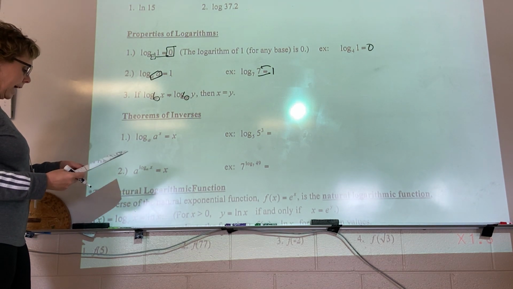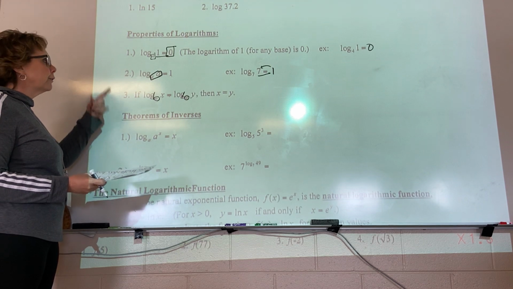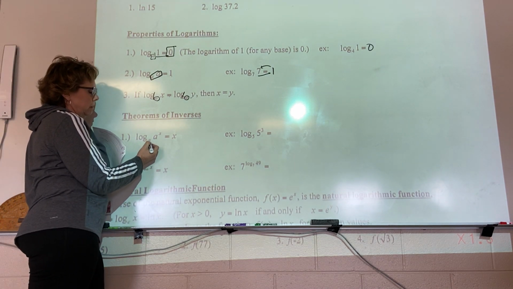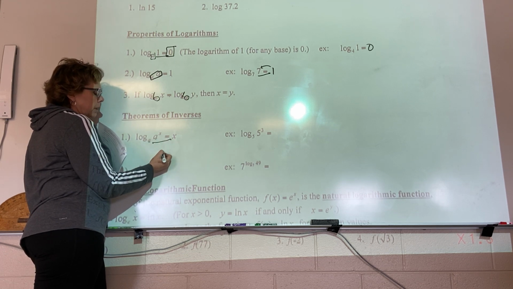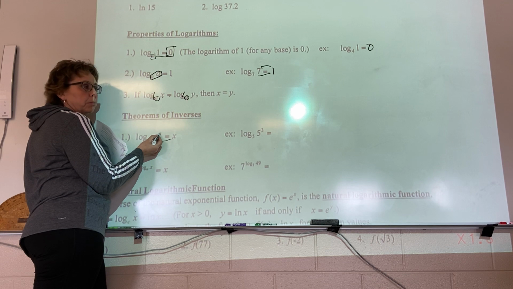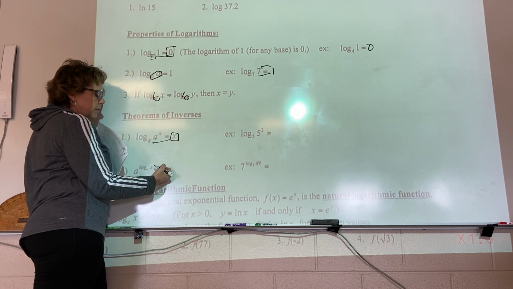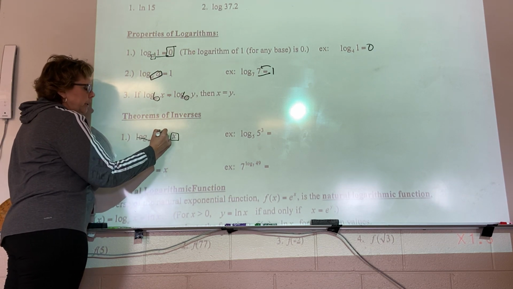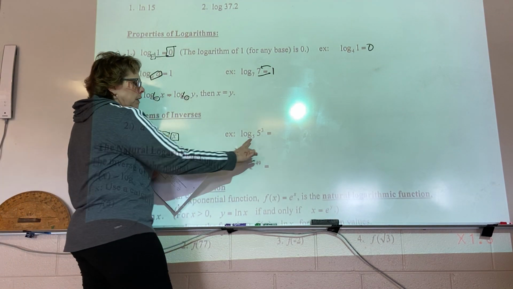And the second part of this is theorems of what we call inverses of logs. Notice same base here and here. A to some power has to give me a to some power. What's the power I take a to? Well, it's just equal to x. So in other words, these just disappear and x comes down in front. Same thing here.